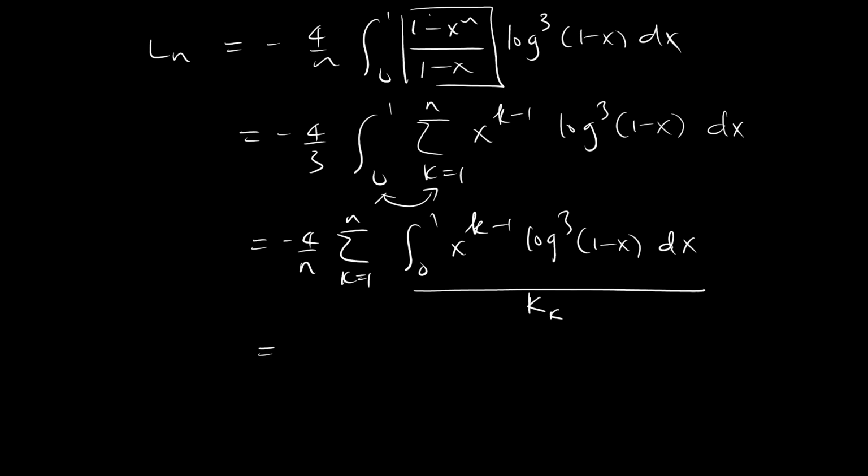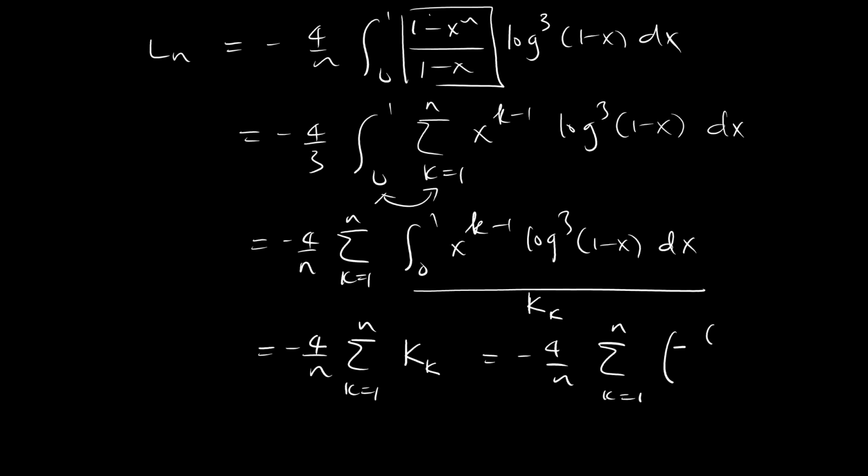So our sum becomes equal to negative 4 over n, from k equals 1 to n, of what we saw to be negative, H_k to the power 3 plus 3 H_k H_k^(2) plus 2 H_k^(3), divided by k.